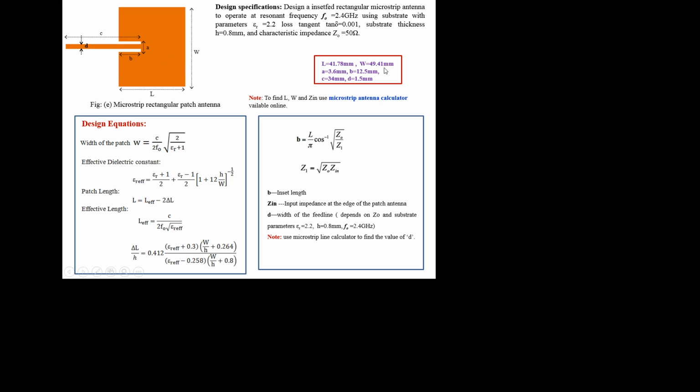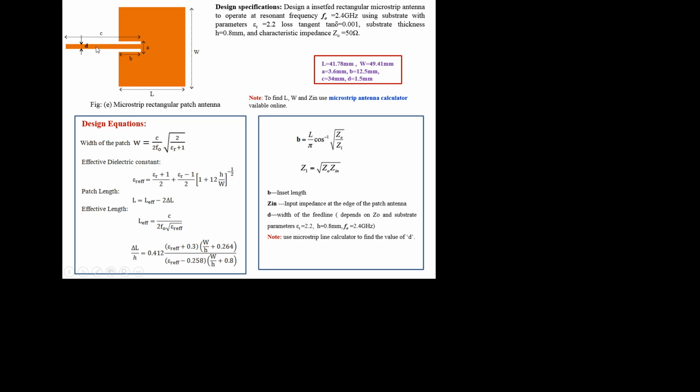Like that, you calculate the length, width and ZIN using the microstrip antenna calculator, but this D must be obtained using the microstrip line calculator, as we did for the line resonator. For these parameters we get 1.5 mm, which we have to set.